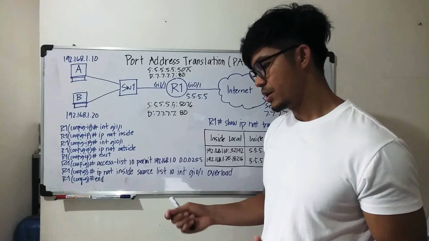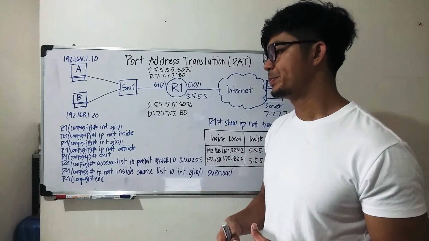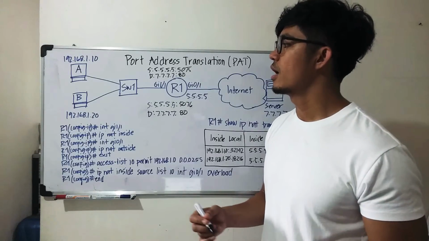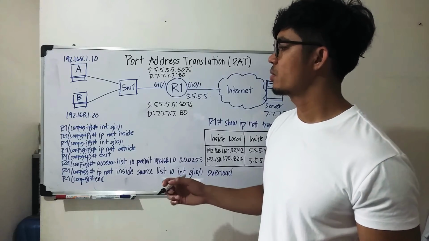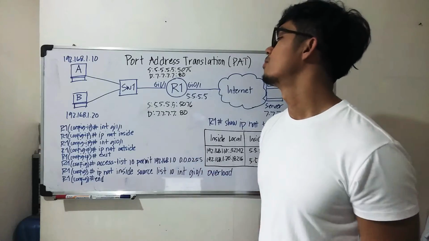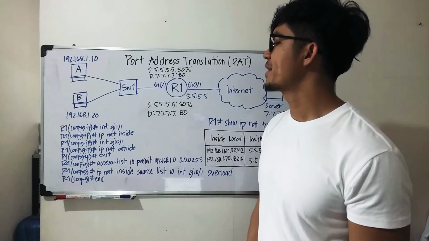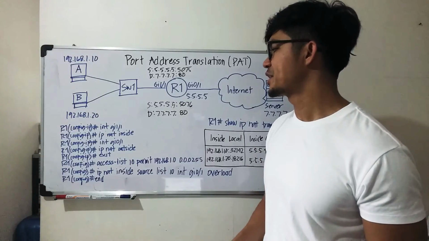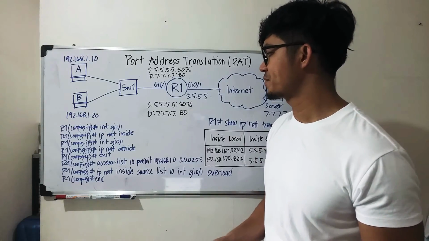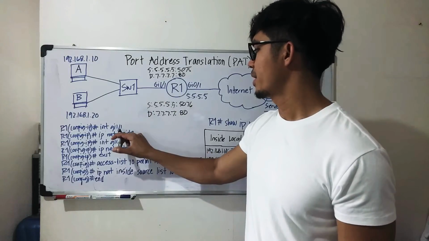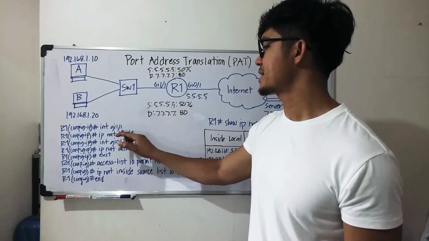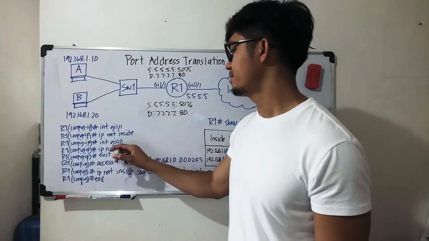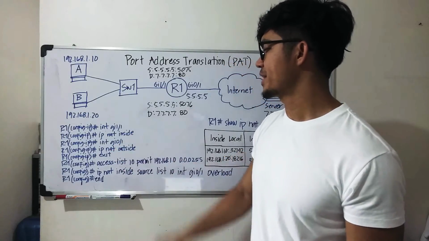The same as we configured static and dynamic, we first identify the ip nat inside interface and the ip nat outside interface. So this is the ip nat inside interface, and this is the ip nat outside interface.